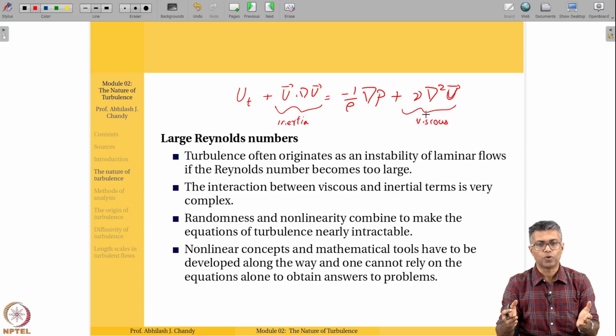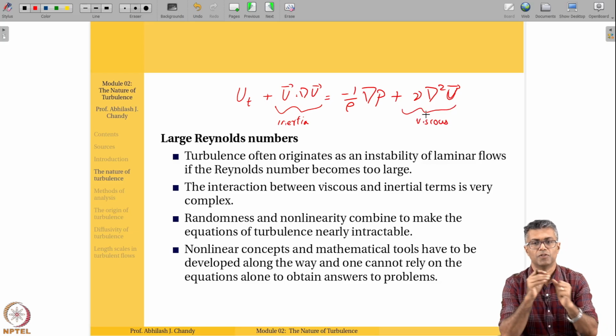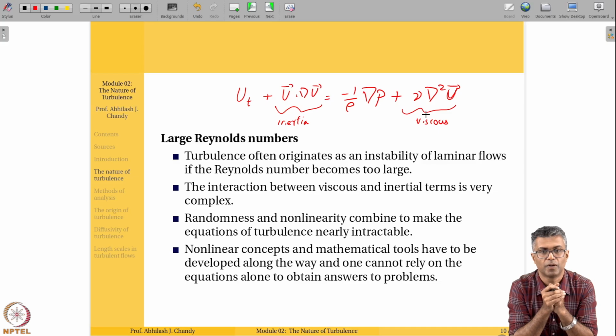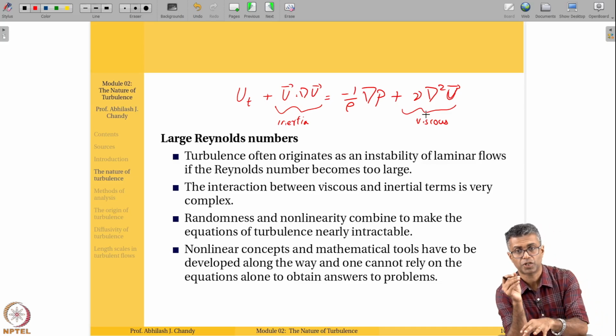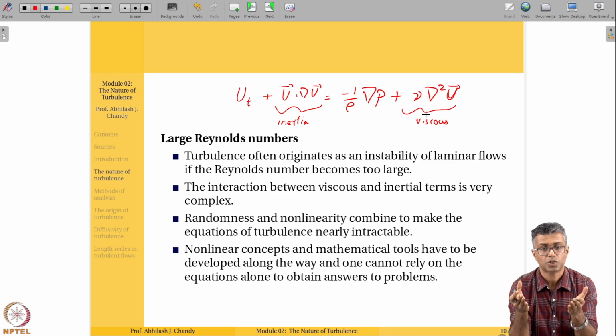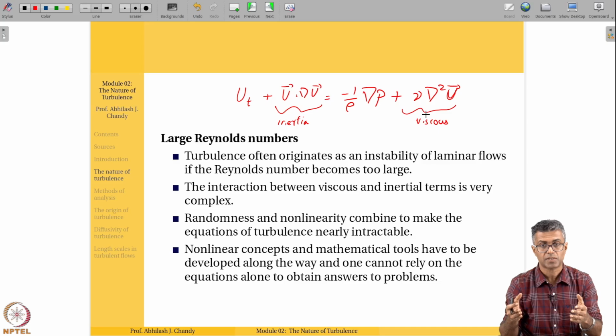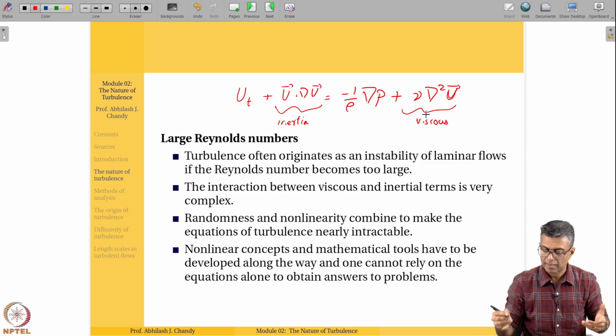So the turbulent flow, the Reynolds number, is basically a competition between these two terms, inertia and viscous. You have the unsteady term on the left, the first term on the left hand side, inertia term, pressure gradient, and then viscous term. And this large Reynolds number or low Reynolds number basically is a balance between viscous and inertia. And that is clear when you think about Re being inertia over viscous. That's what we mean by that.